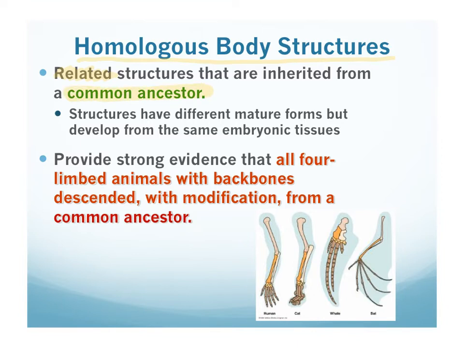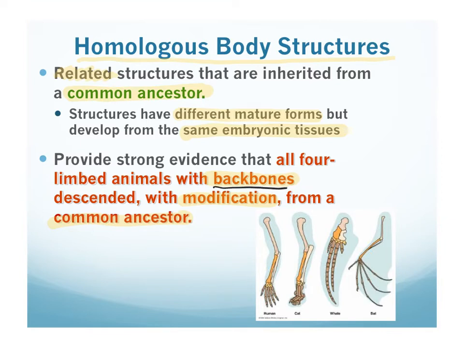These structures have different mature forms, but they develop from the same embryonic tissues. There's strong evidence that all four-limbed animals with backbones, this is important here, backbones, descended with modification from a common ancestor. So again, this is really important.